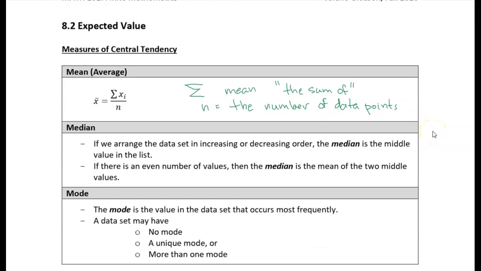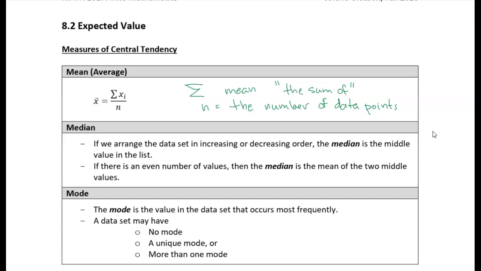The median of a set of data is essentially the middle. If you arrange the data set in increasing or decreasing order, then the median is in the middle. It's critical that it has to be arranged in order, and then you find the middle. When you have an even number of values, you can split it into two equal groups, and there is no middle value.